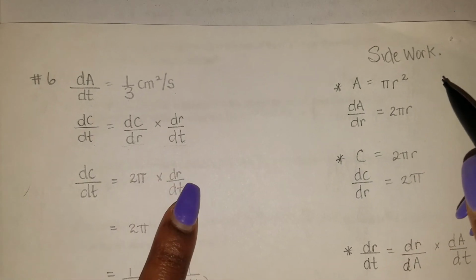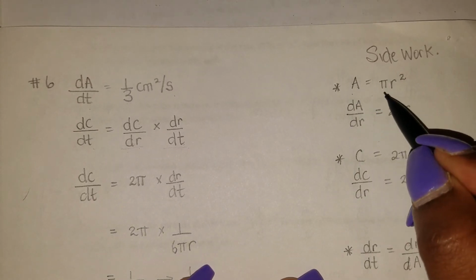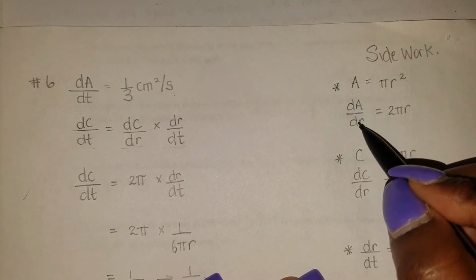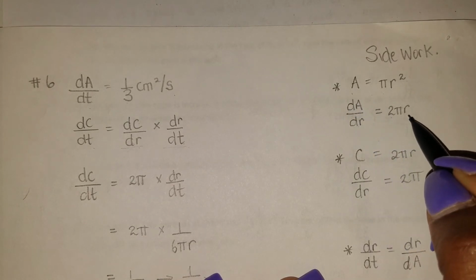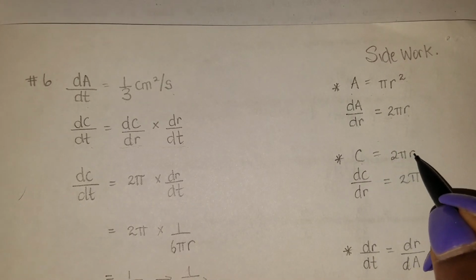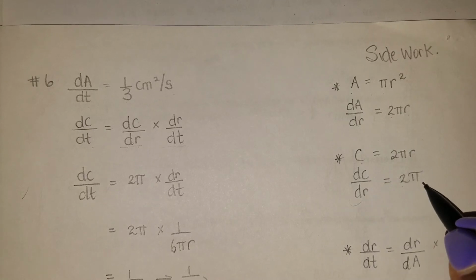So here we have some side work. It's a circle and its area is increasing. So the area of a circle is pi r squared. And when that gets differentiated, we get dA/dr to be 2 pi r. The circumference of a circle is 2 pi r, and when that gets differentiated, we get dC/dr to be 2 pi.